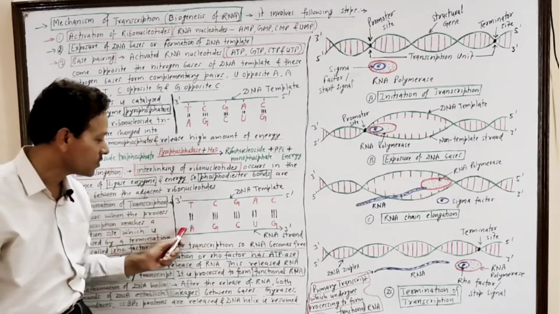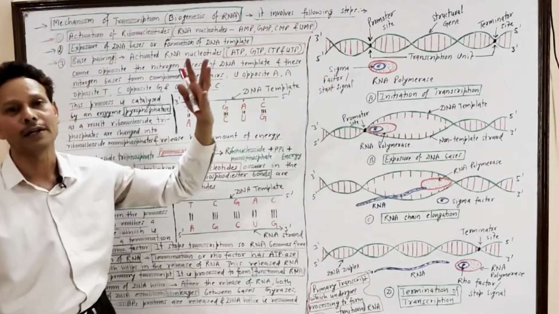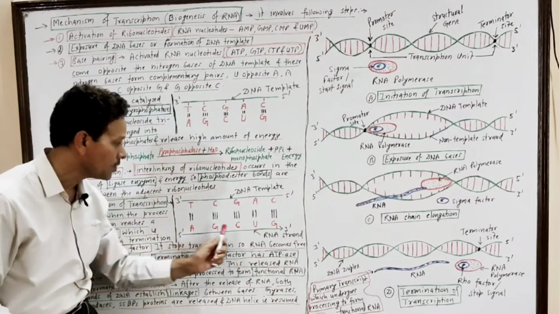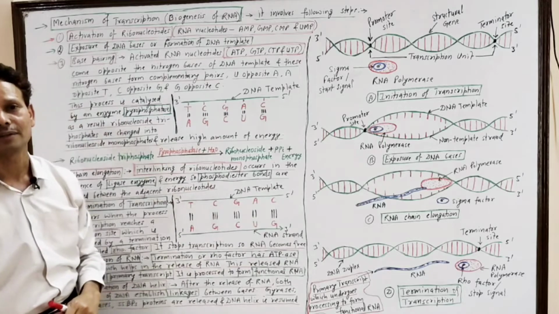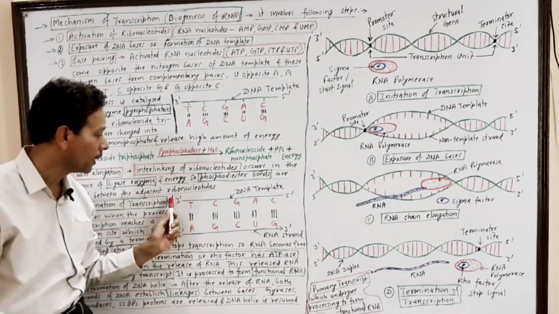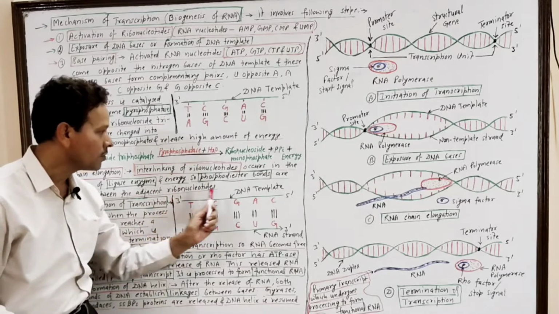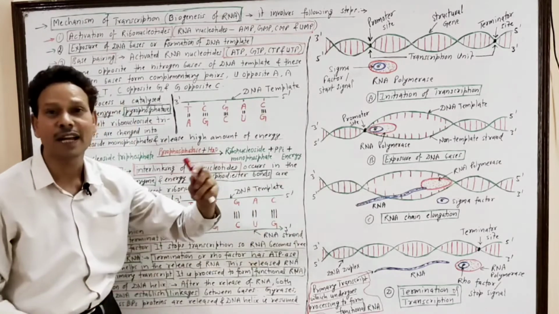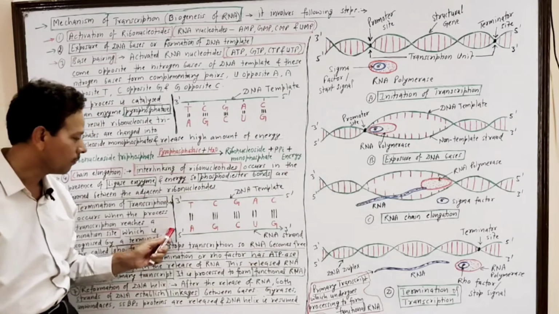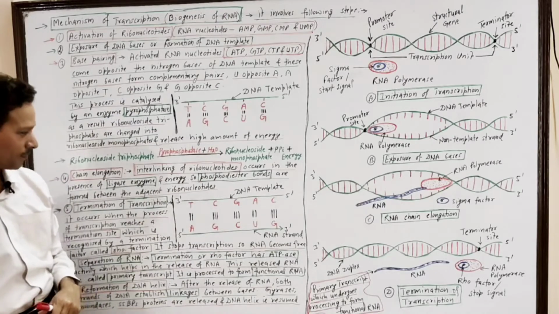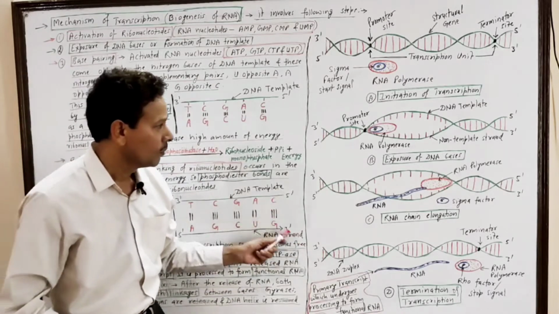As a result, this strand gets elongated in the 5' to 3' direction, because the DNA template has a polarity in the 3' to 5' direction, and this RNA strand gets elongated in the 5' to 3' direction. Note down.